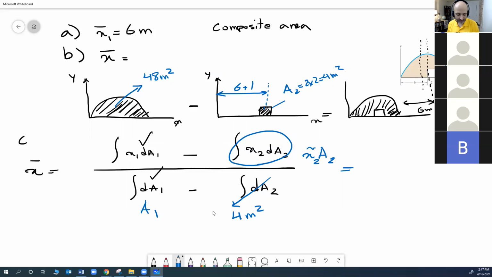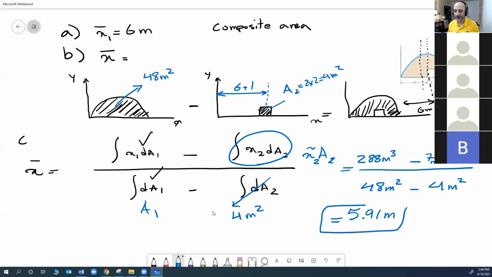So this whole thing is going to be 288 minus this one was 7 by area, which was 4. A1 was 48. Area 2 was 4 meters. So this will result in 5.91 meters for my new centroid of this shape. Okay.